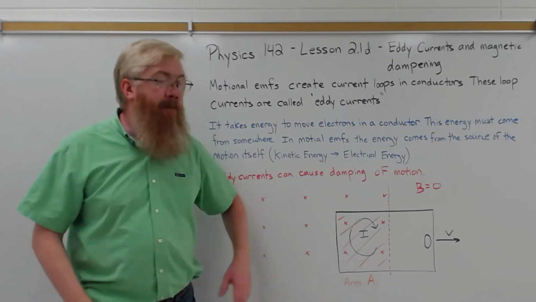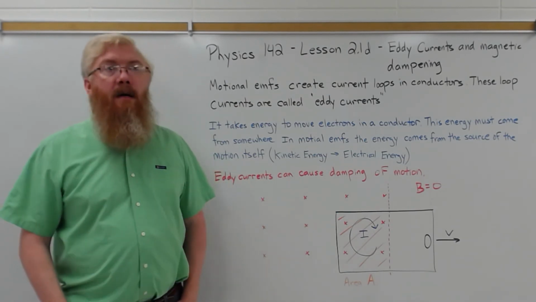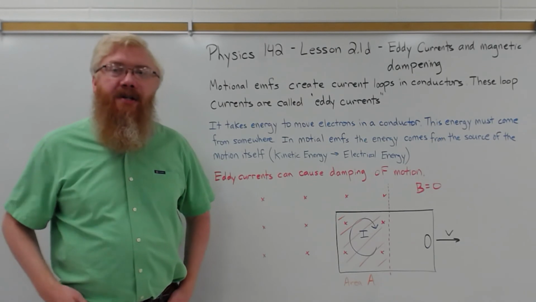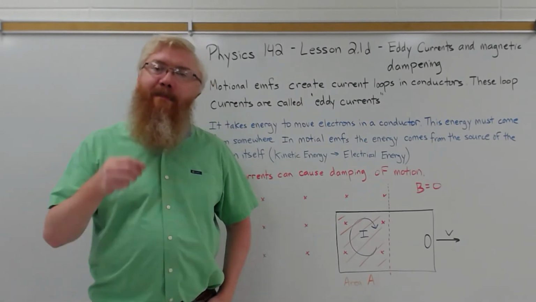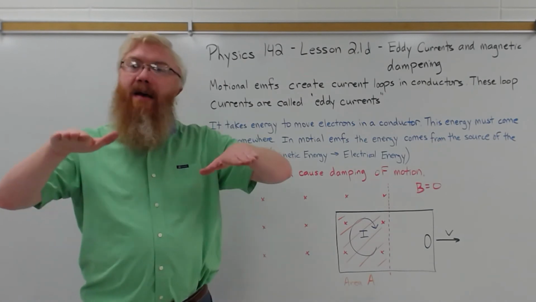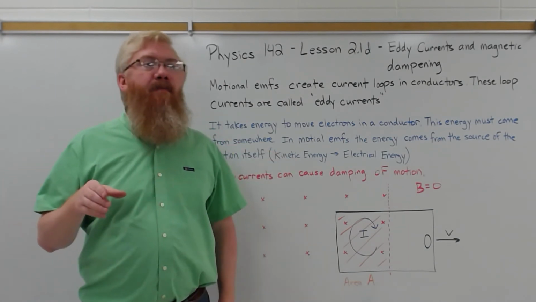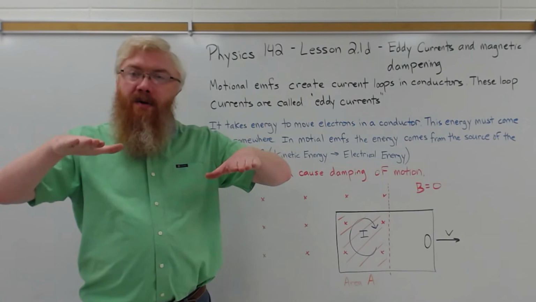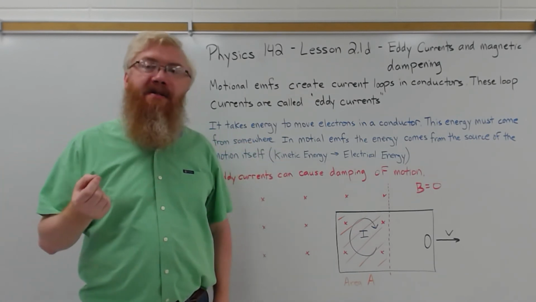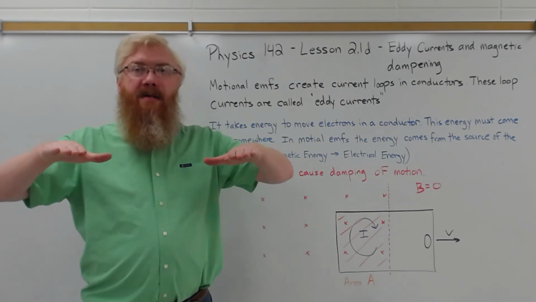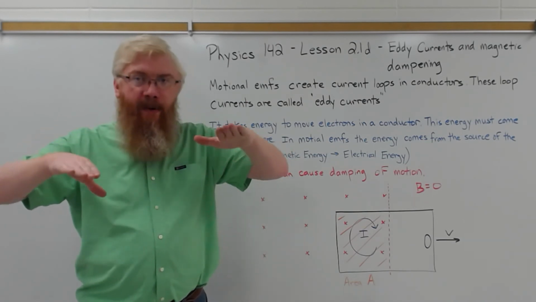Now, your book uses, again, the pendulum. There are practical applications to using these eddy currents: analytical balances, very precise balances that have scales that rock back and forth. You want to minimize the friction in those scales to get an accurate balance. But at the same time, if you minimize the friction, then the scales will just oscillate forever, back and forth, back and forth.